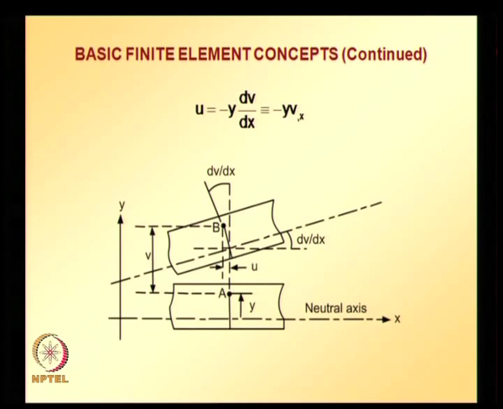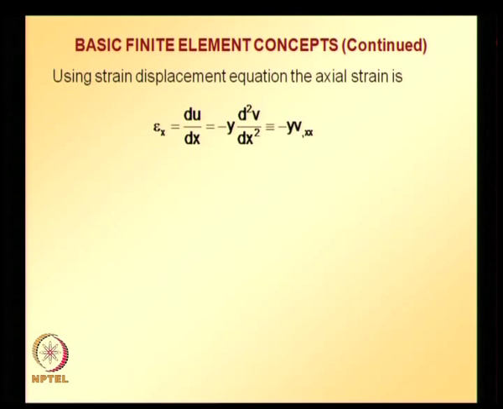This gives us the relation between displacement in the x direction and displacement in the y direction, or rotation. Using the strain displacement equation, axial strain is given by epsilon equal to the derivative of u with respect to x. We just derived that u is minus y dv dx, so taking the derivative we get this.